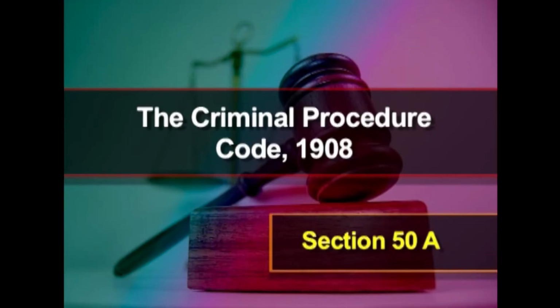The law of arrest has also undergone many changes. After detailed guidelines on arrest were issued in the D.K. Basu case, Section 50A was added to the Criminal Procedure Code, which provides for obligations of persons who are making an arrest.